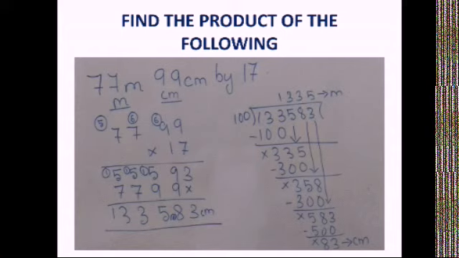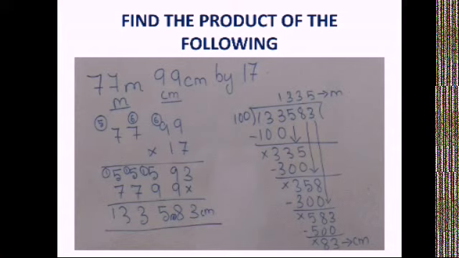Because we are converting from centimeter to meter, so divide the whole answer by 100. When you divide the whole answer by 100, as you can see, in quotient you will get 1335 and in remainder you will get 83.